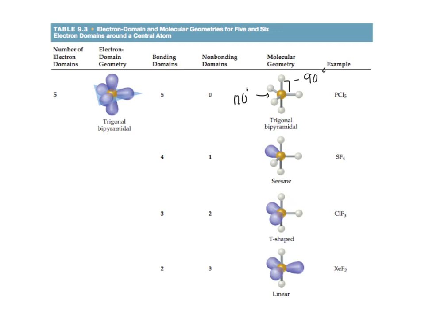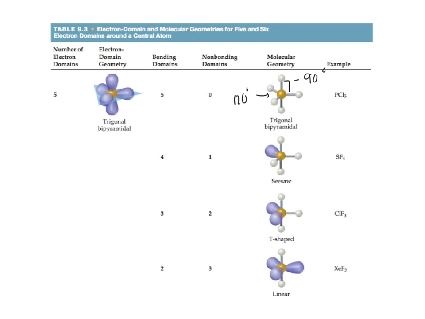Okay, and our last example here, XeF2. Okay, our bonding domains, we have 2 of them. Okay, and our non-bonding domains are 3. So in this situation, since we only have 2 bonds present and all of the electron lone pairs are in the equatorial position because that's what allows them to be farthest apart, we end up with this linear shape and subsequently a completely new bond angle of 180 degrees.